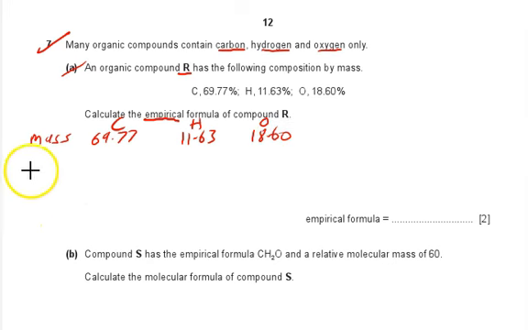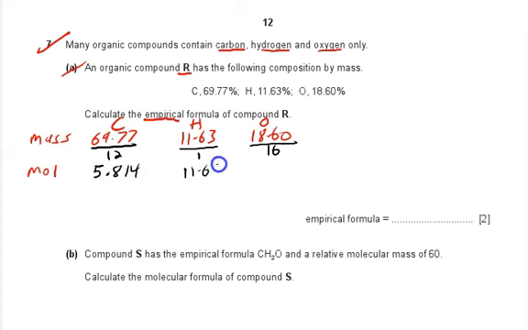Okay, now we have to find the moles by dividing by their RAM. This is 1 and this is 16. So we will be getting here about 5.814.